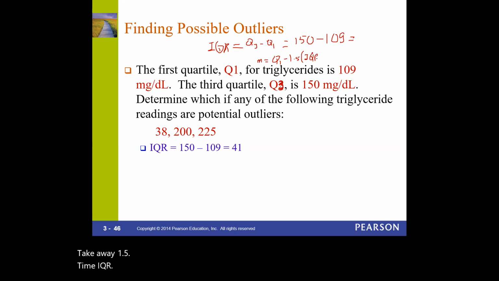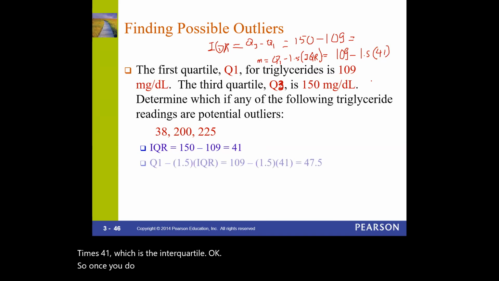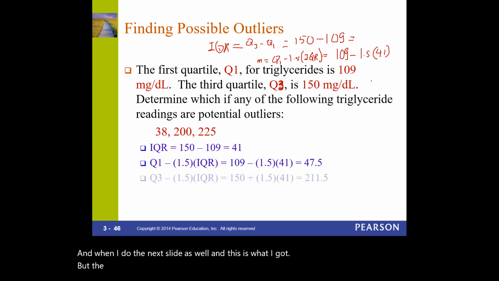That means 109 take away 1.5 times 41, which is the interquartile range. Once you do this math, you get 47.5. When I do the other side as well, this is what I got for the maximum: 211.5.